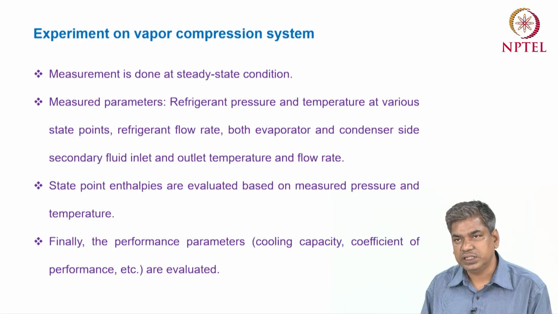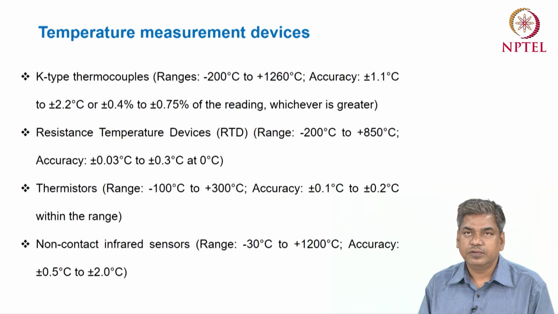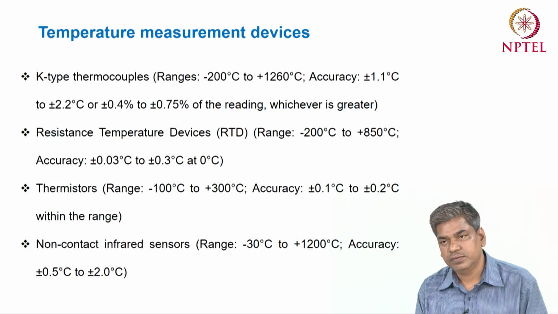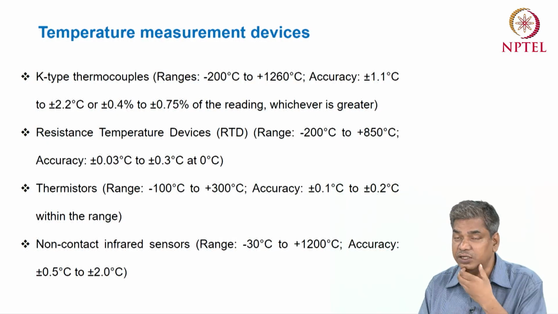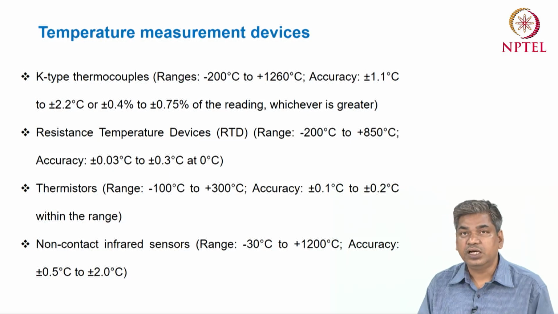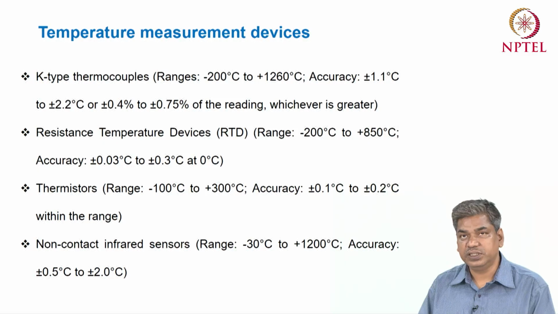For this case, the cooling capacity and COP can ultimately be evaluated based on the measurement of the temperature and mass flow rate of the refrigerant. Then I will discuss how we can measure the different quantities and what type of instruments are used to measure them for the vapor compression system.